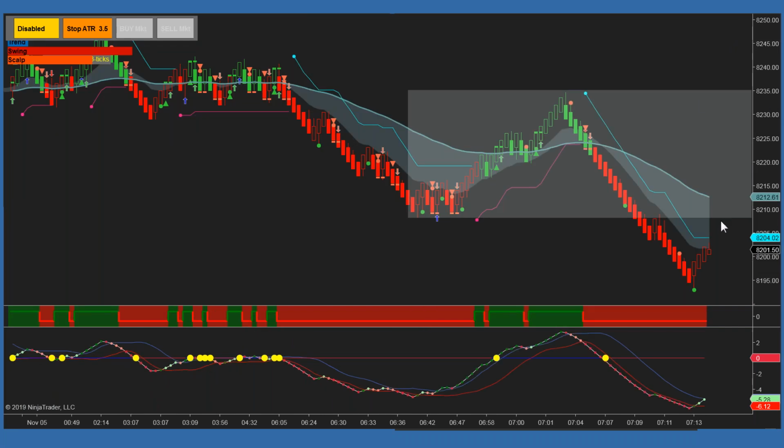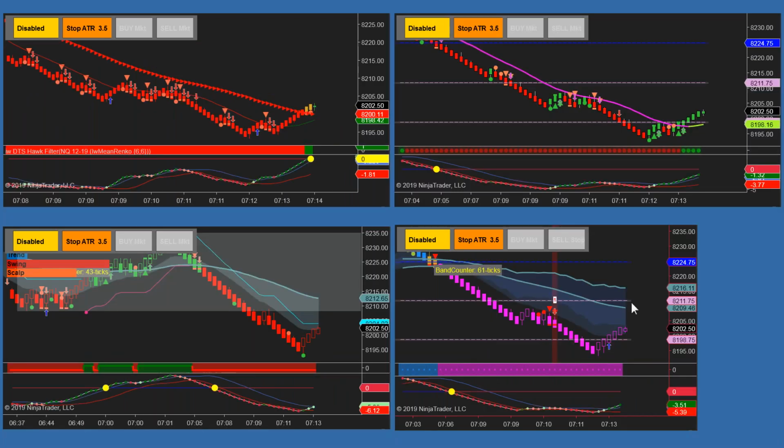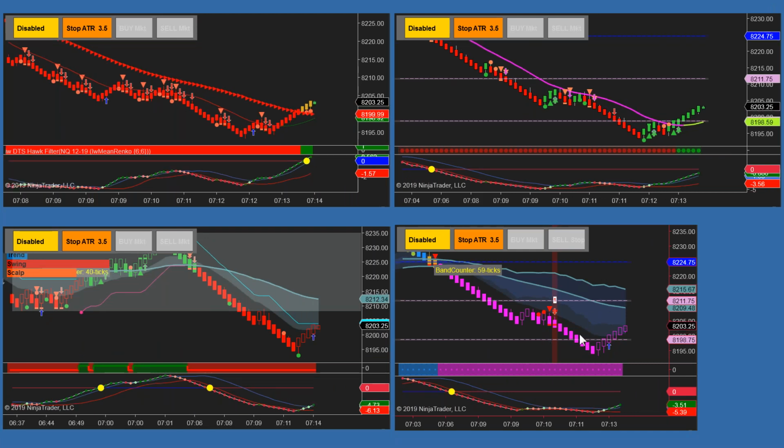Okay, so chances are pretty good the market's going to try to retest this zone. Don't have a number 2 signal yet on the Raptor, or at least not on this Raptor.